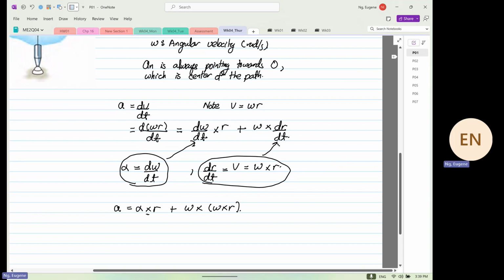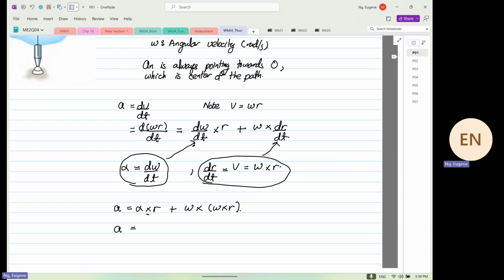Okay. And if we were to write this out in terms of A is equal to AT plus AN, then the above formula will be equal to alpha cross R minus omega cross R. Okay.